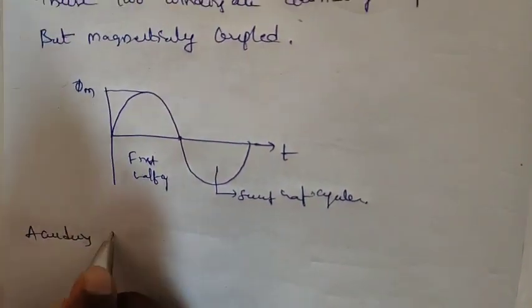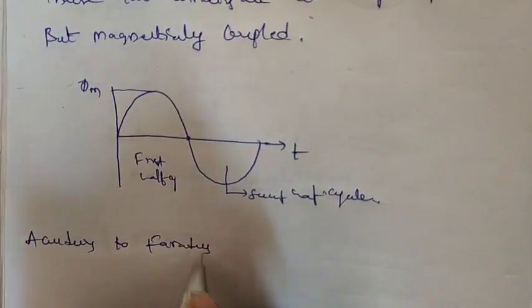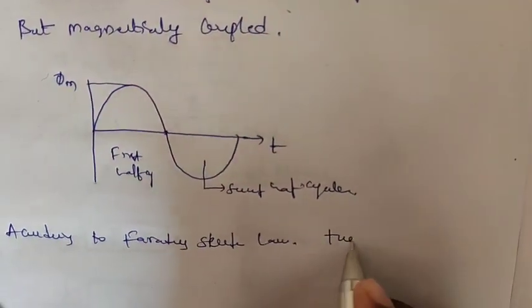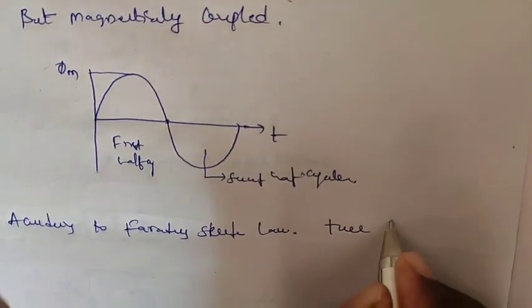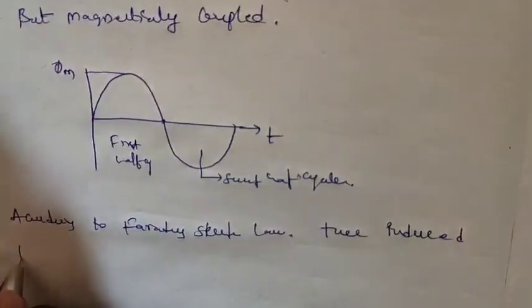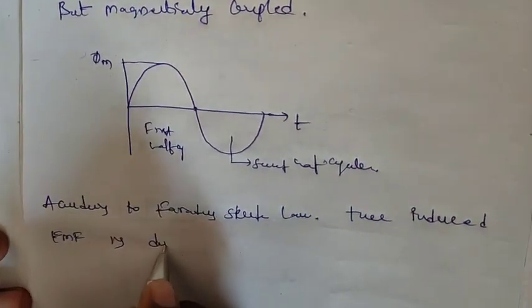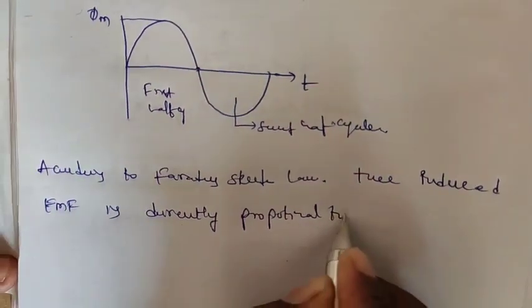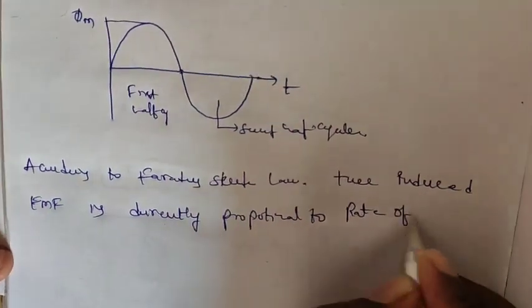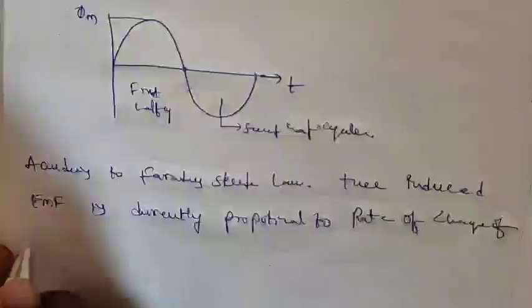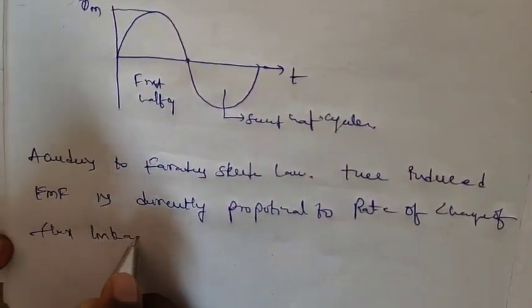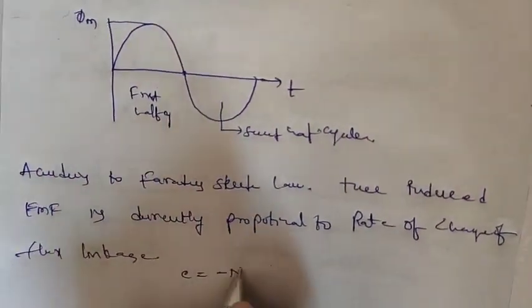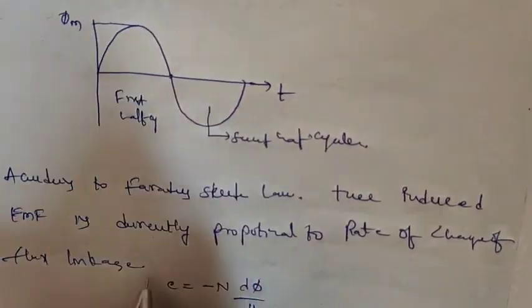According to Faraday's second law, the induced EMF is directly proportional to the rate of change of flux linkage, that is equal to minus N dΦ by dt.